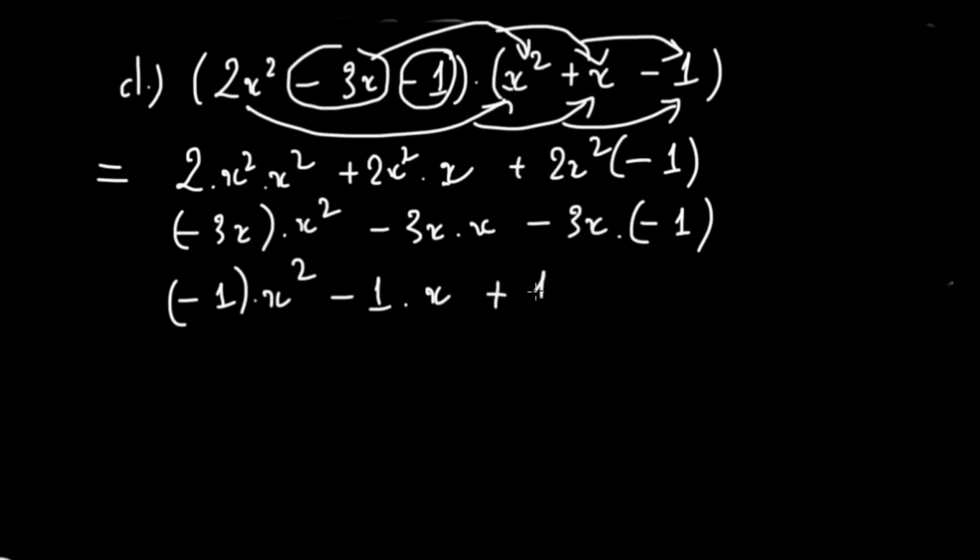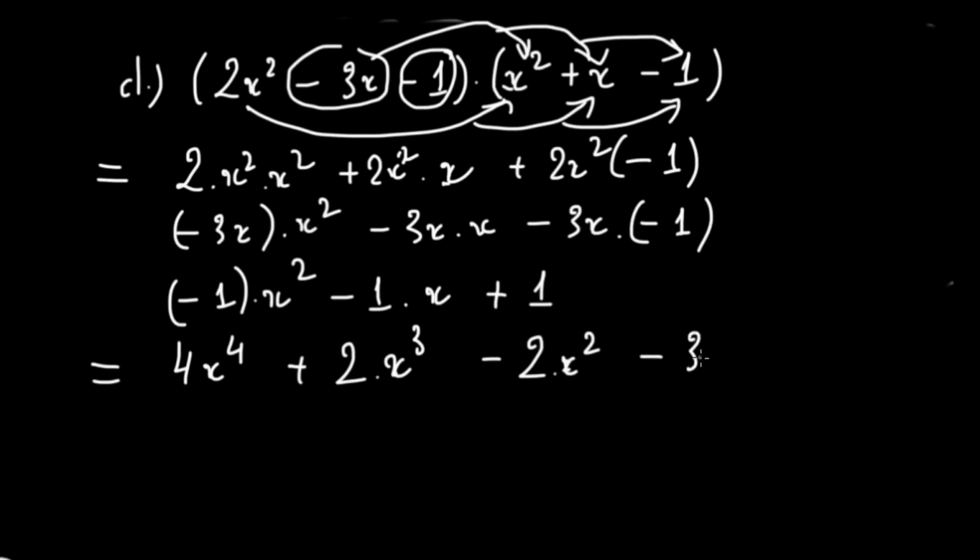You have positive 1. Now 4x to the fourth right here, plus 2 times x to the third. x squared times x is x to the third. Right here, 2x squared times negative 1, you have negative 2 times x squared. Right here you see minus 3x times x squared is minus 3 times x to the third, minus 3x squared.